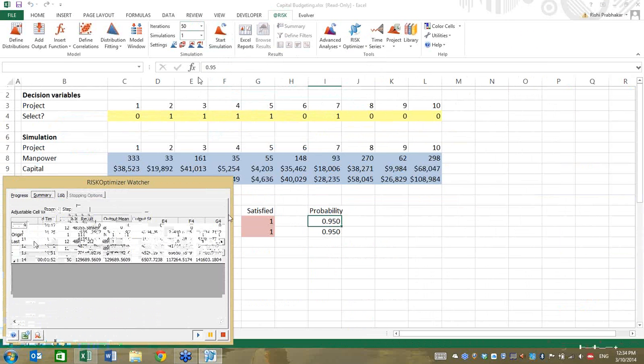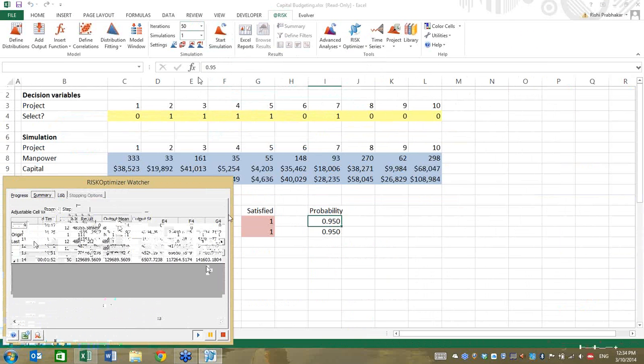So after the first 9 trials, where it was looking at putting no projects into the simulation, certainly not violating the constraints in any way, once it found the 9th, 10th, 11th, 12th, 13th, 14th solutions, we saw big increases in the result, as we can see there. And this is, as we saw with Evolver, the type of solution we would expect: a rapid improvement, and then this will eventually taper off.